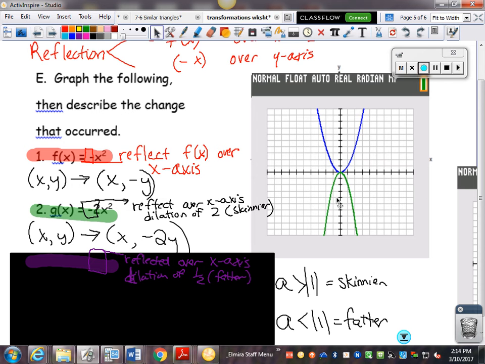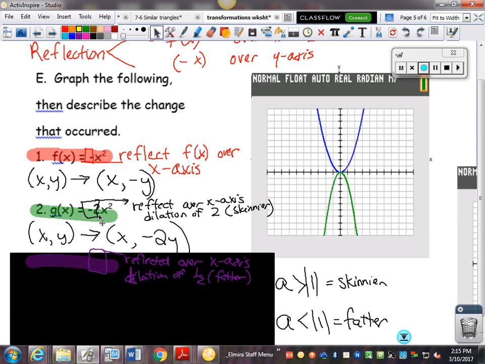The dilation is when your coefficient is different than 1. Dilation would mean that it either got skinnier or wider as a parabola. So the 2 makes it skinnier.